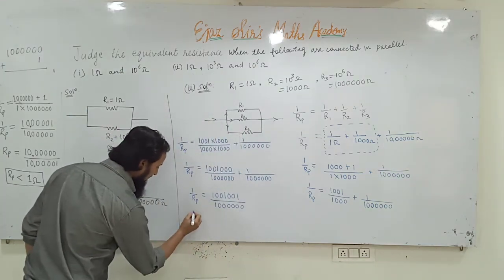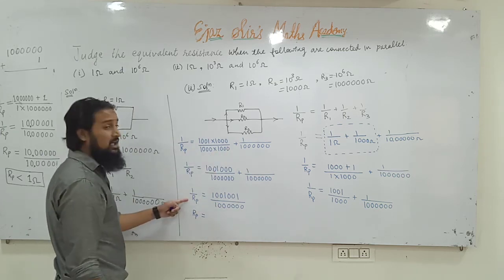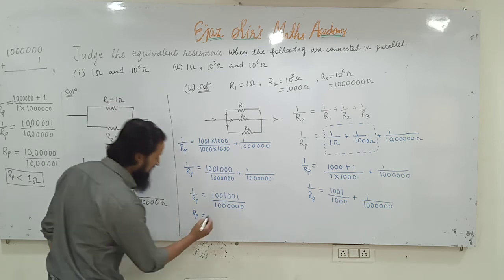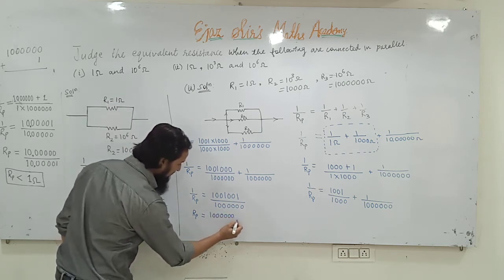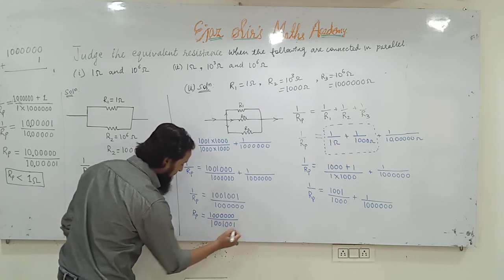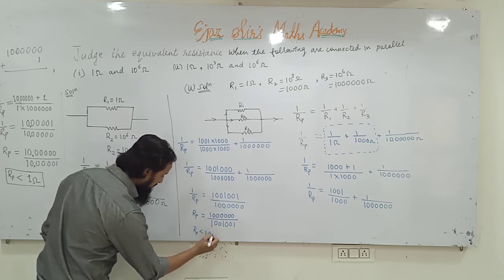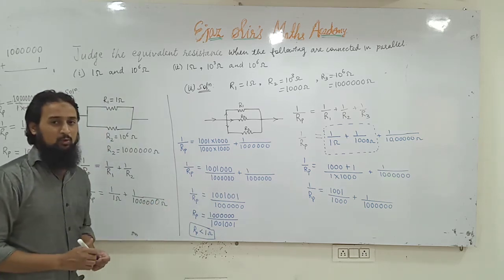Doing its reciprocal, because we want to find Rp, our aim is to find the resultant resistance of the parallel combination. This will be 10^6 divided by 1001, and Rp will be less than 1 ohm.